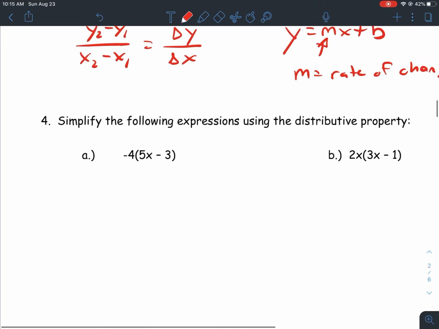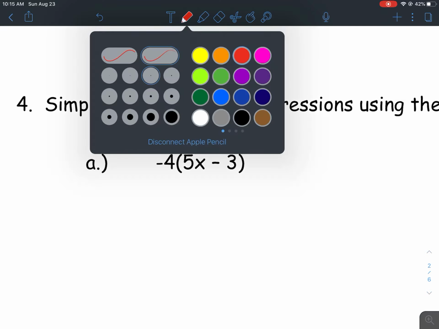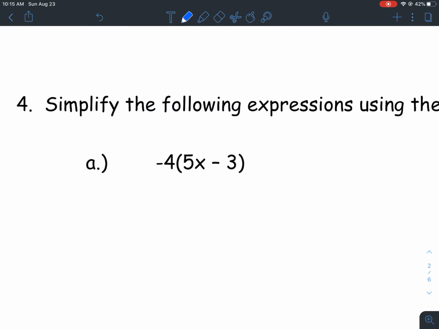All right, so last 2 problems on the warm-up. These are distribution problems. They want us to simplify these expressions. So hopefully distribution is semi-familiar to you. You know you have to distribute when you have a number that is right next to a parenthesis. A counterexample of that would be like if you had -4 plus 5x minus 3.